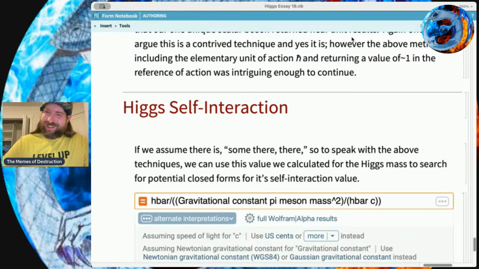We didn't even discover the Higgs boson yet. Oh, all right. Oh, it was 120. All right.